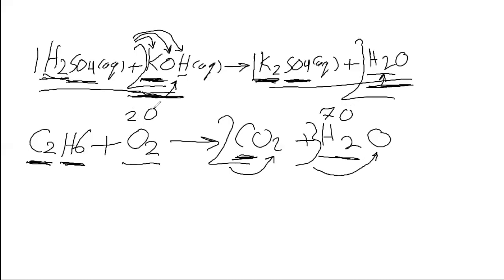Now, in this situation, what you're going to do is use a fraction, but after that, we have to remove that fraction. So here, if you multiply this 2 oxygen by 3.5, you will get 7 oxygen atoms, which is equal to the 7 oxygen atoms on the product side.